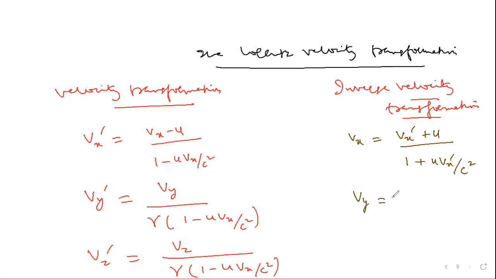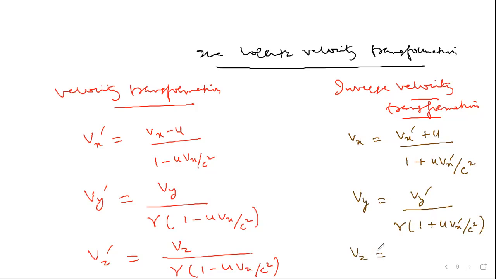Vy is Vy prime over gamma times 1 plus u Vx prime by c square.